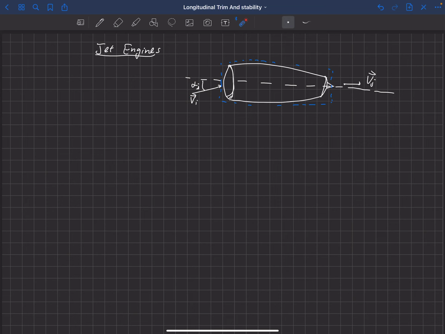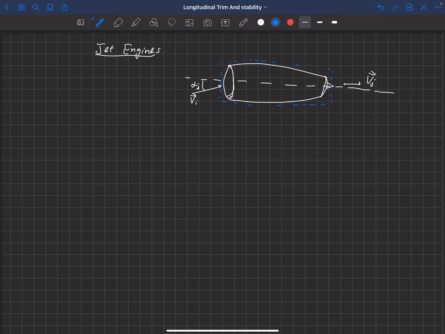If we have a positive angle of attack here, then it's going to create a normal force out the top here, simply because it's changing the direction of this flow. So we're taking momentum from one direction and changing the direction of that flow.